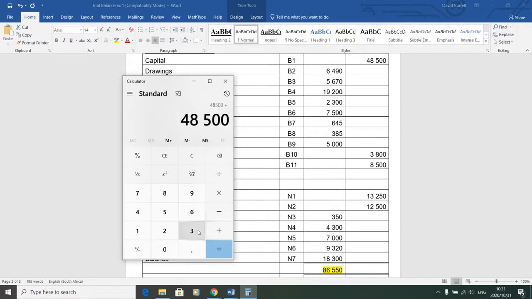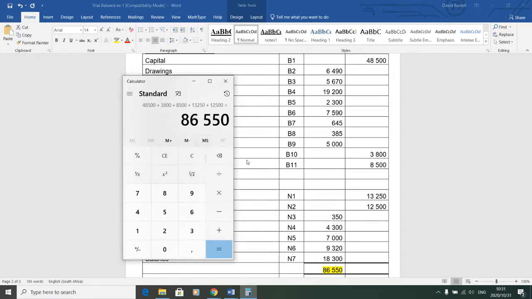Then I'm going to add 3,800 plus 8,500 plus 13,250 plus 12,500. So those are the figures in the credit column.